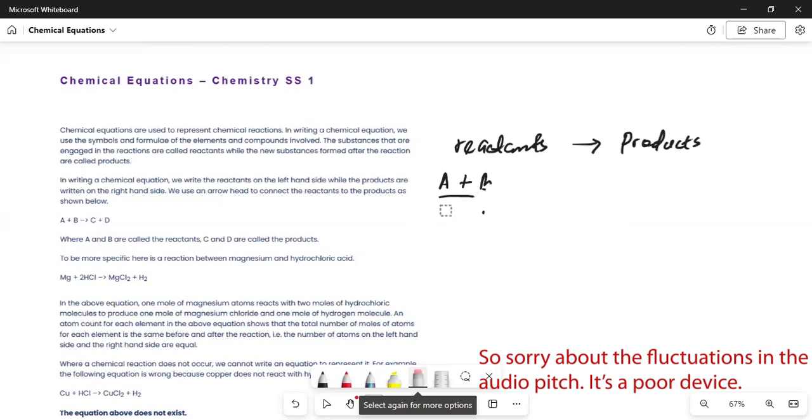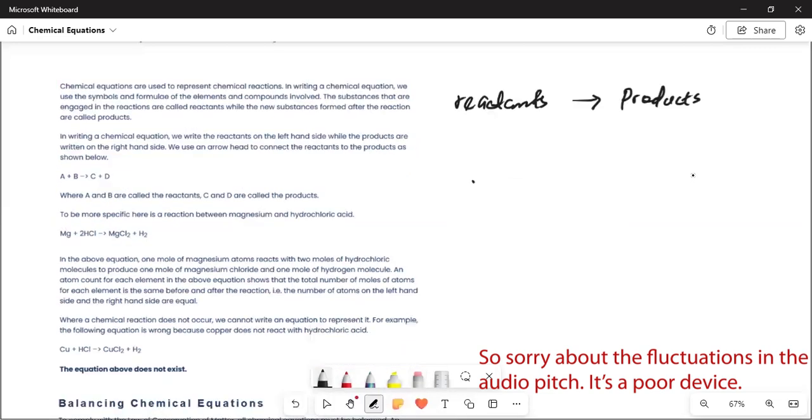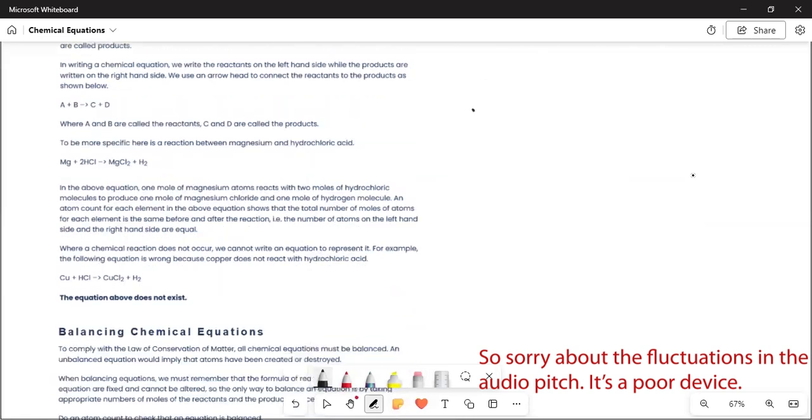We make them equal, and that process of making them equal is what we call balancing of a chemical equation. Now, how do we balance a chemical equation? Like I said, we do an atom count and then make adjustments to the number of moles of each of the components, or elements, or compounds, or radicals.